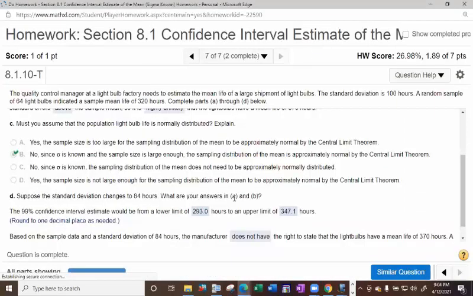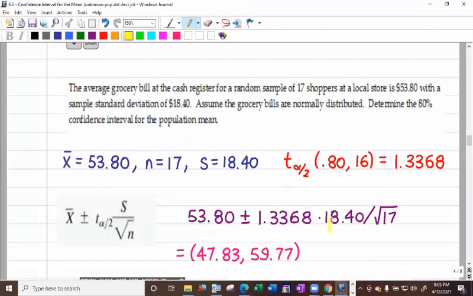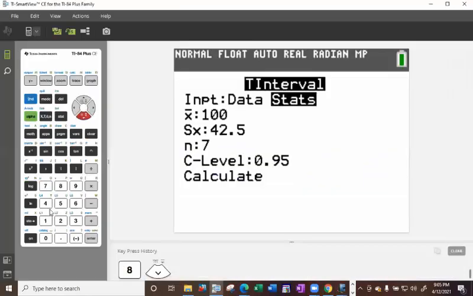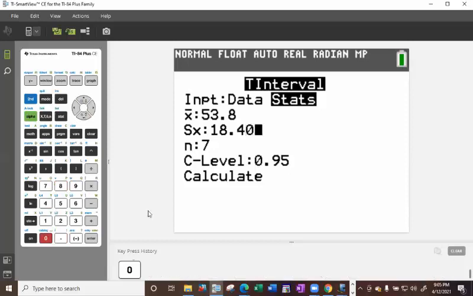All right, back to 5380, 1840. 5380, 80, 1840. And n is 17.